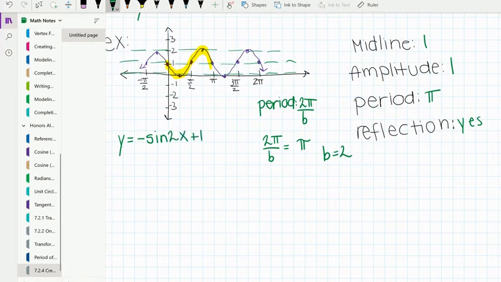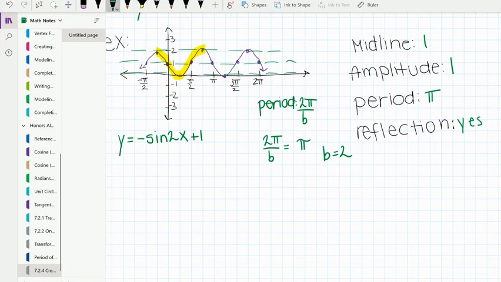All right, now I'm going to unhighlight this and write it in terms of cosine. So if I want to make this a cosine graph, I would say we start here and then come back up. So to find the period, we know it's going to be the same, but it would be 3 pi over 4 and then minus negative pi over 4, which would end up still being pi.